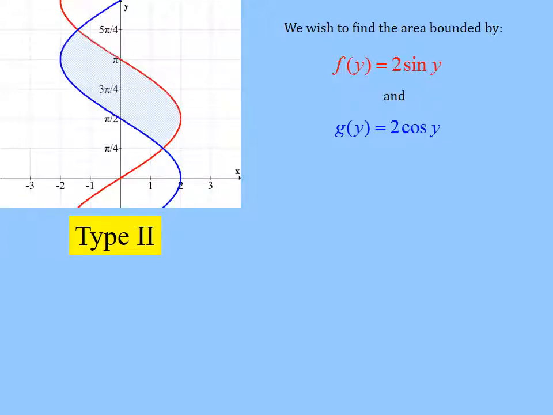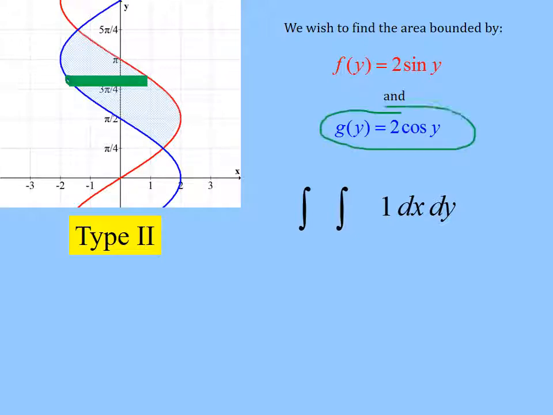So, having decided that it's a type 2 region, we will set up the integral with the order dx dy, and we need to decide for a rectangle, what would we use for the left and the right? Well, you can see the left side of this rectangle is on the blue graph, so we need x in terms of y.